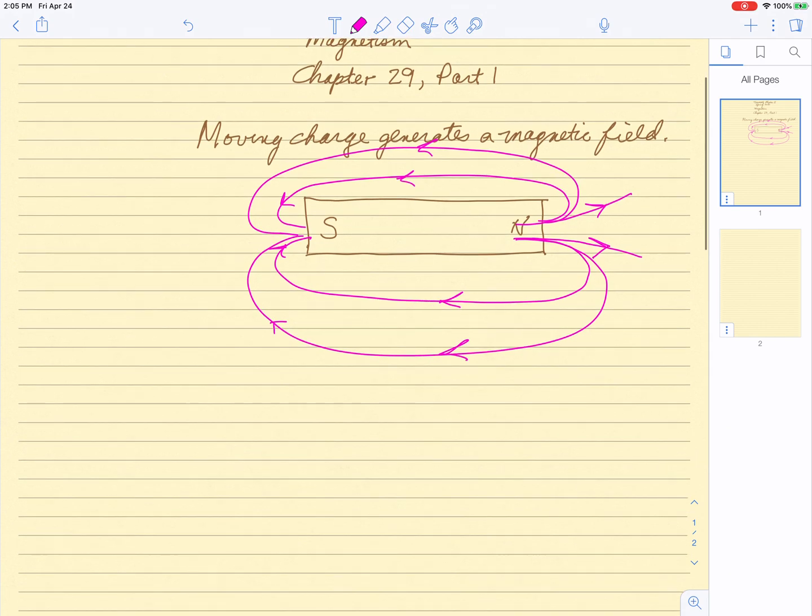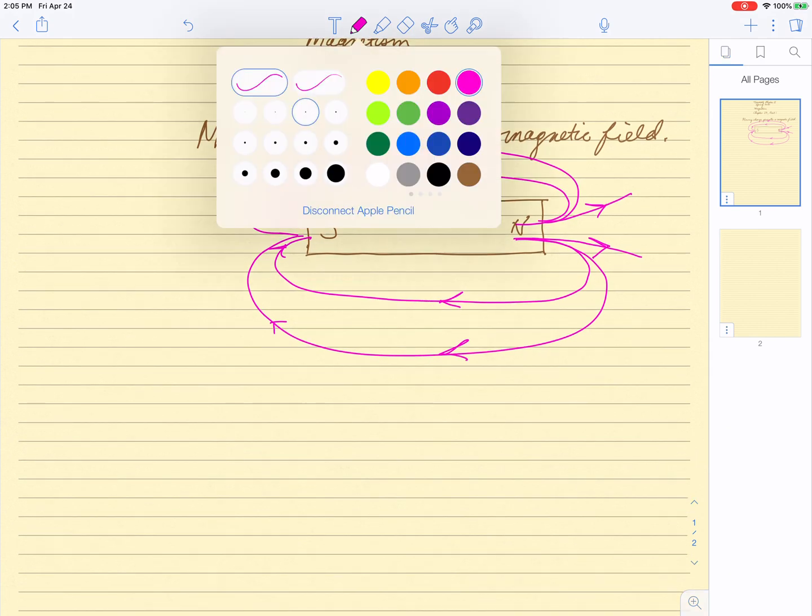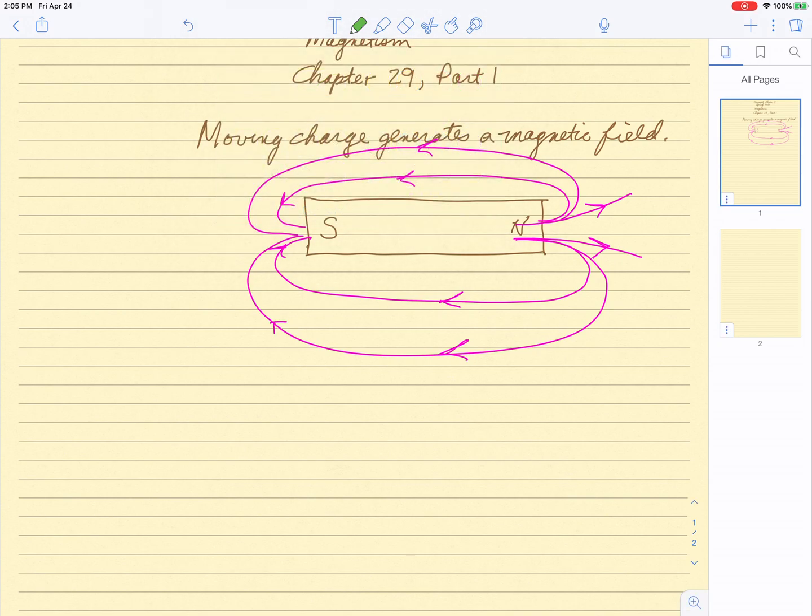So, but the question then that is being begged to be asked is, where are the moving charges? Clearly, the bar magnet's not connected up to a source of EMF or voltage.